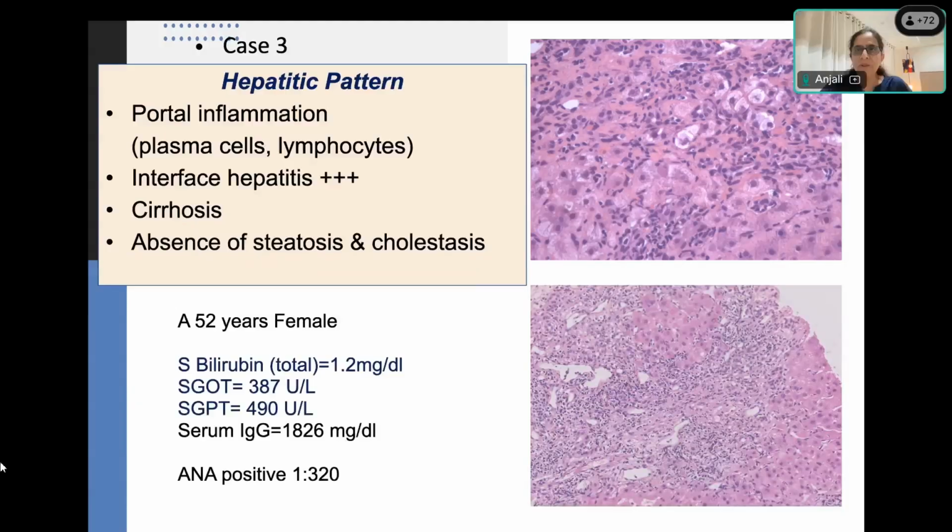Very good. Then the immunoglobulin G should be raised. Very good. Then it has to fulfill the histological findings, meaning the biopsy should resemble the histological findings of it. And it has to exclude other liver diseases, like viral hepatitis.